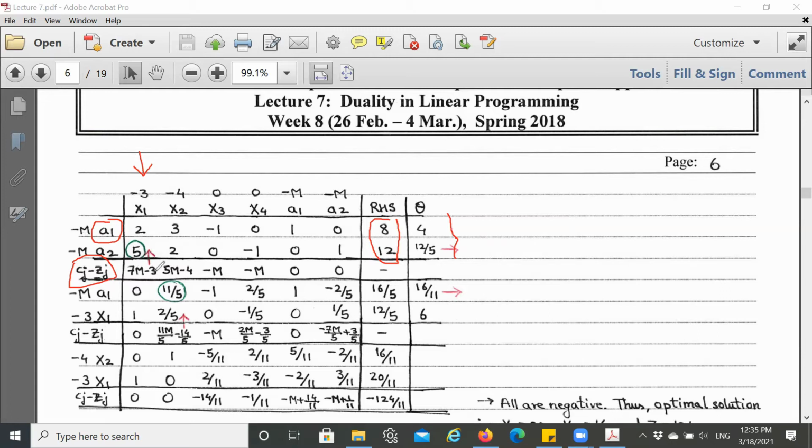So 7M minus 3. It means the sum of the products of these two, minus this guy. This guy is our Cj, the coefficient of the decision variables in the objective function, and this guy that we obtain over here is our Zj. Is it clear?